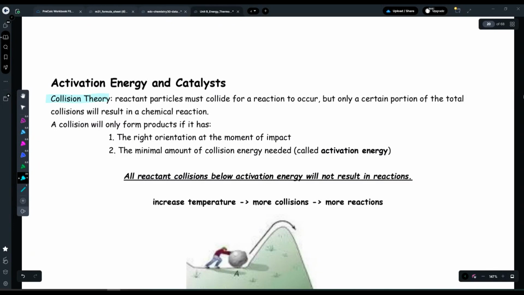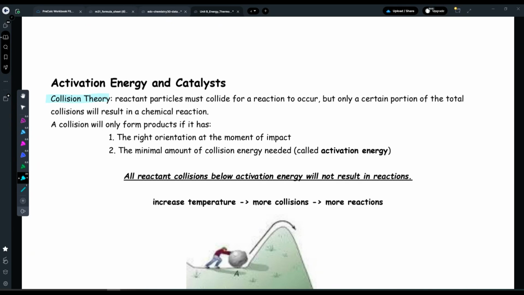Collision theory states that reactant particles must collide for a reaction to occur. However, a reaction is only going to occur if you have the right orientation of your reactants colliding, and if you also meet the minimum amount of energy needed for the collision to result in a reaction.